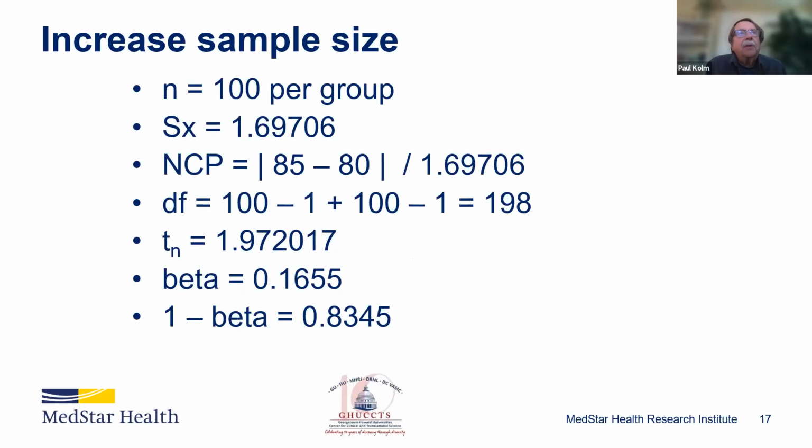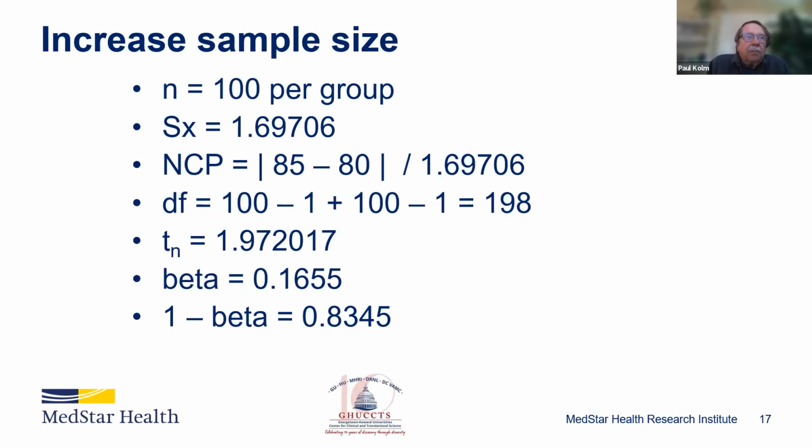Let's say now that we have 100 per group, or 200 total. Now our standard deviation of the difference is 1.7. We take a difference in means, which is 5, divided by 1.7, which is equal to 1.97. Now we have degrees of freedom: that's 100 minus 1 plus 100 minus 1, or 198.